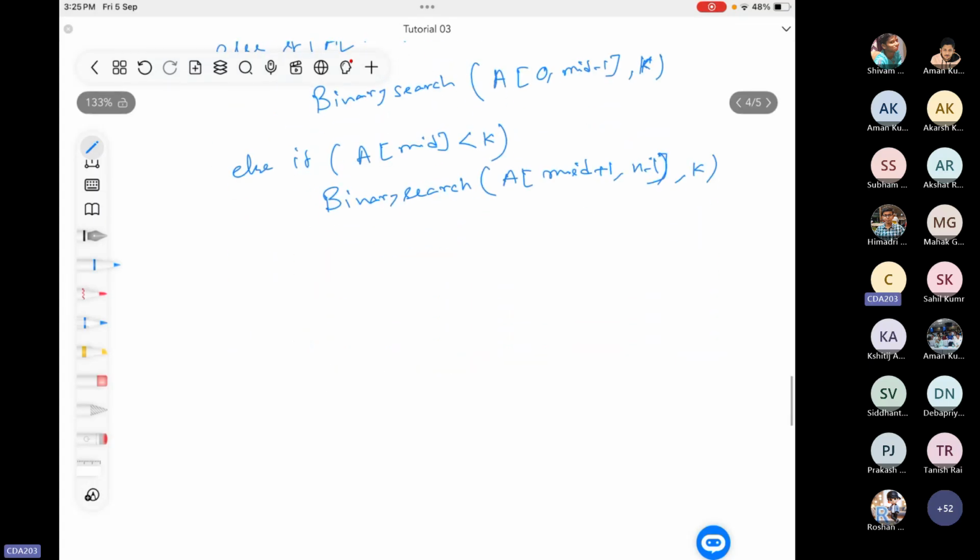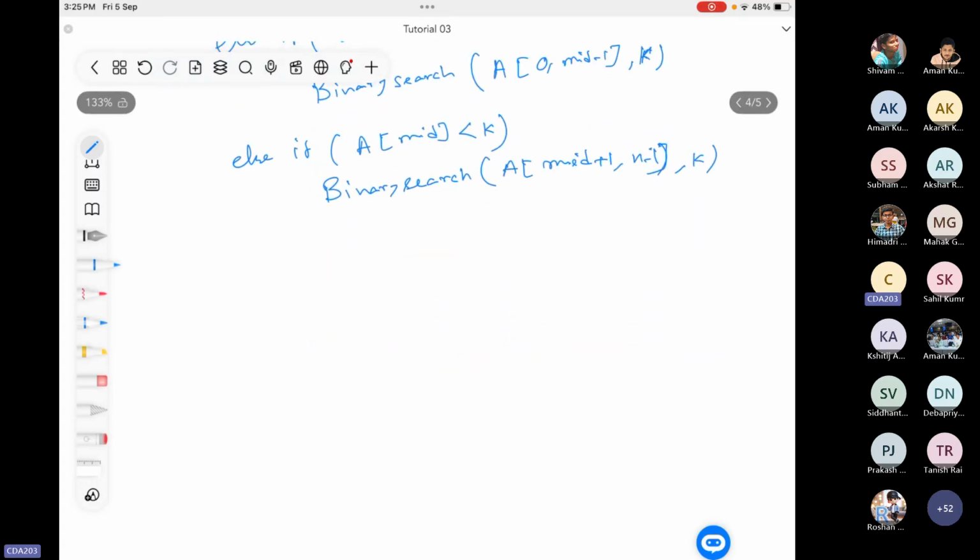Okay, fine. So this is the pseudocode for this problem. Okay. So any questions till now or any doubt?